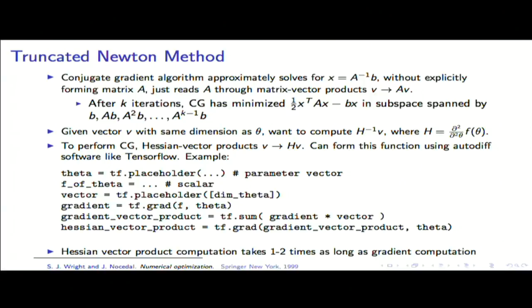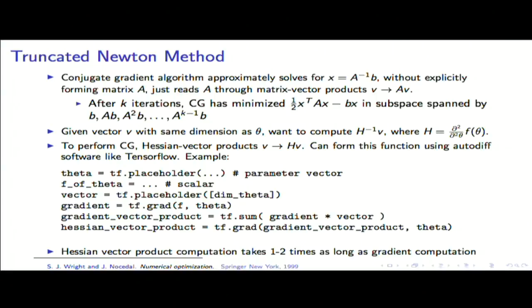We're going to come up with a series of these vectors. The conjugate gradient algorithm is going to generate a series of vectors and then ask for the Hessian vector product, or the matrix vector product. When you do this multiplication, is this element-wise multiplication? No, this is just the dot product, gradient dot vector.